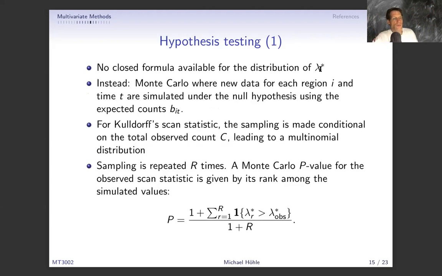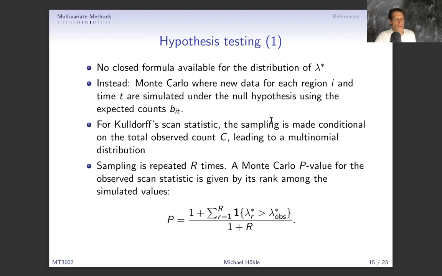Of course, it would be nice if you had an analytic distribution for this under the null hypothesis, but you don't. So a standard trick is to do a Monte Carlo estimation, where you simulate data under the null hypothesis and compute the statistic each time, and then you assess how unusual your actual observed value is under the null hypothesis, right?